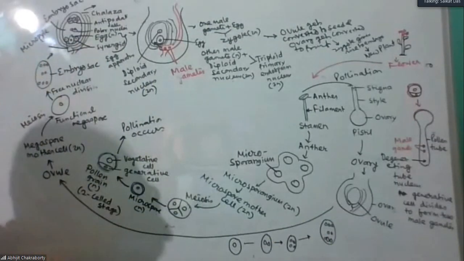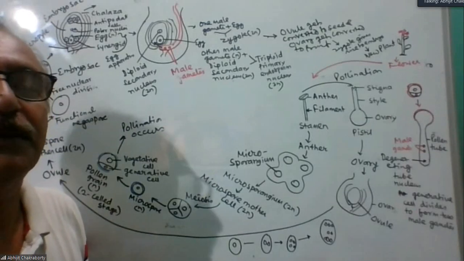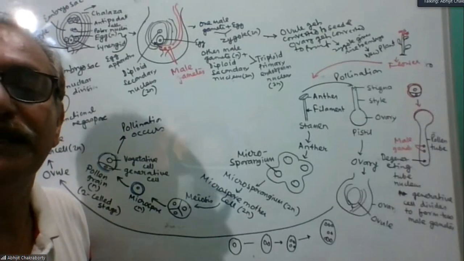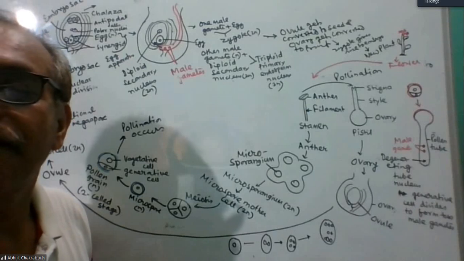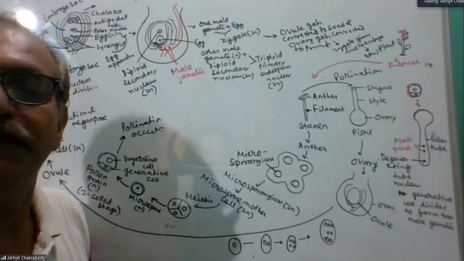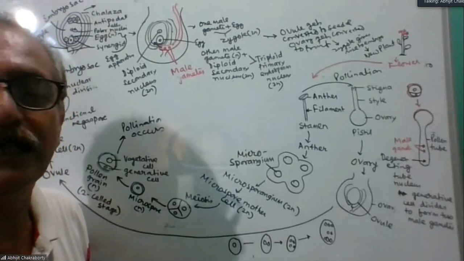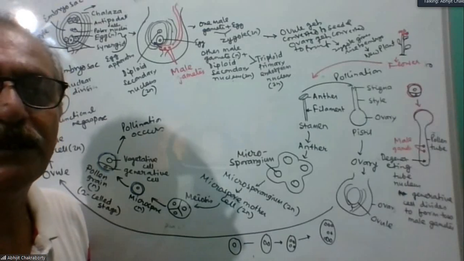The division of the nucleus is called karyokinesis, and the division of cytoplasm is called cytokinesis. During cell division, karyokinesis occurs first, and it is followed by cytokinesis to form two daughter cells from a mother cell in mitosis, or four in meiosis.